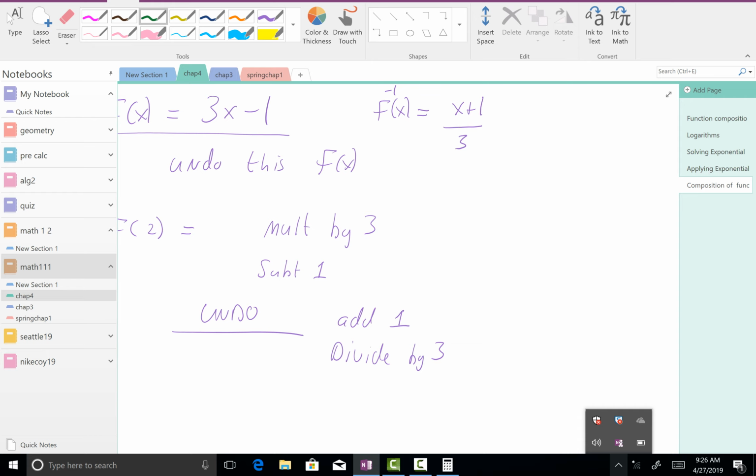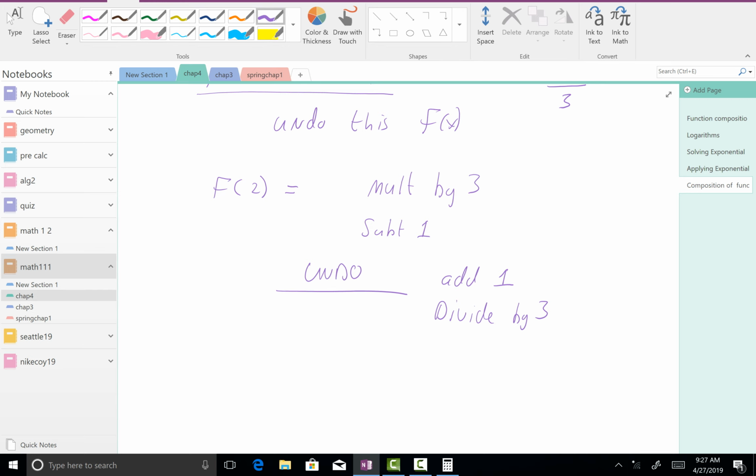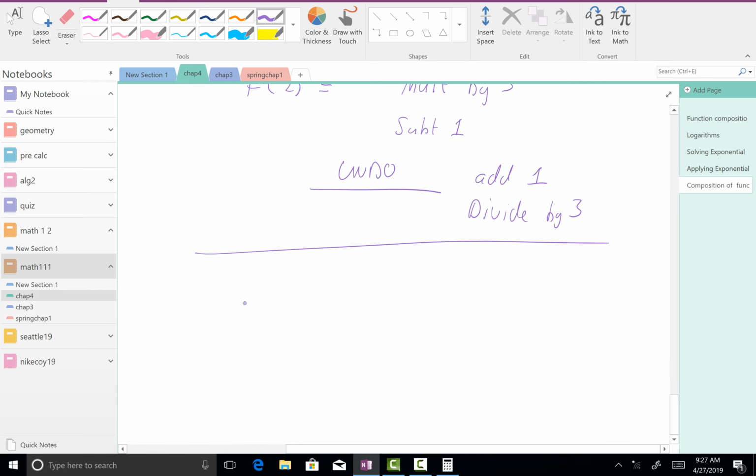Order of operations says you would multiply and then subtract 1, but here we're going to flip it. Okay? And that's kind of the gut feeling or the concept behind an inverse: you're going to do not only the opposite or the inverse operation, but you're going to switch the order.